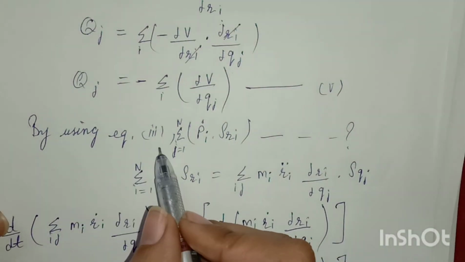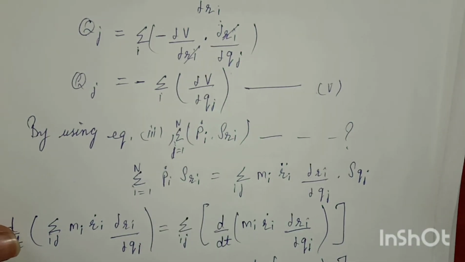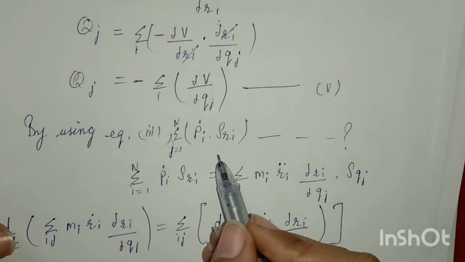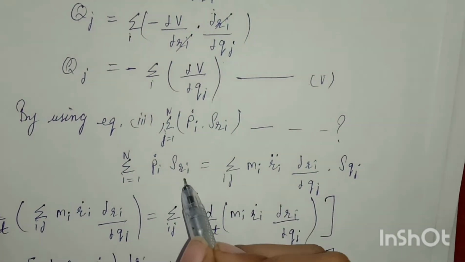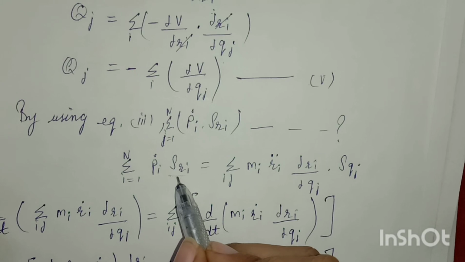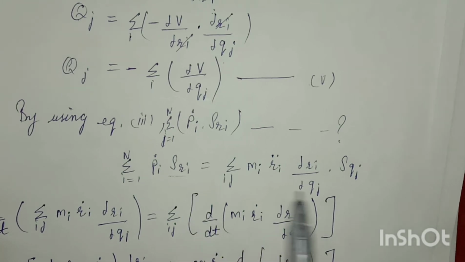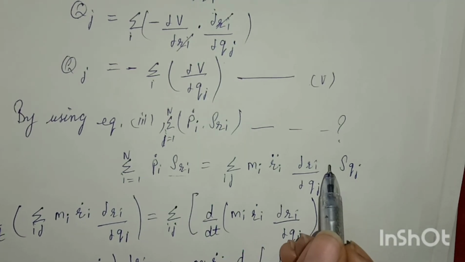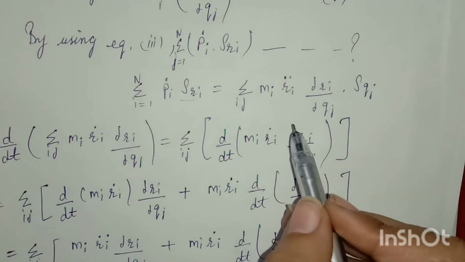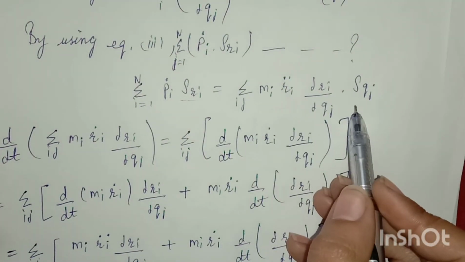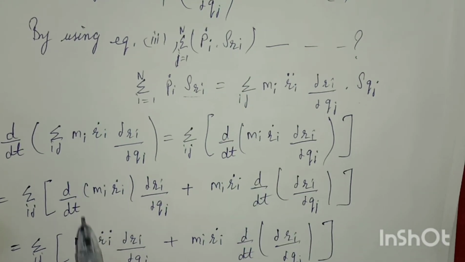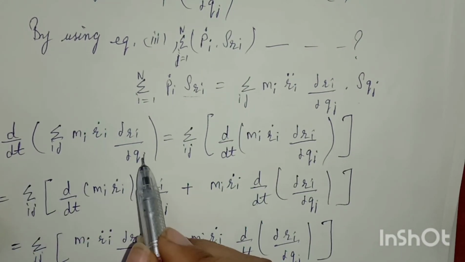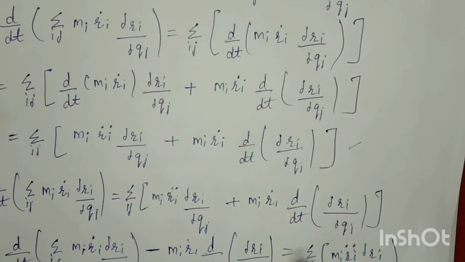Then by using equation third, which is our change in momentum's equation, we have to find the value of this equation. For this, again we put the value of delta r_i, then we get this. Then in place of this equation we take another one, then we apply the product rule formula on this equation, then we get this one.